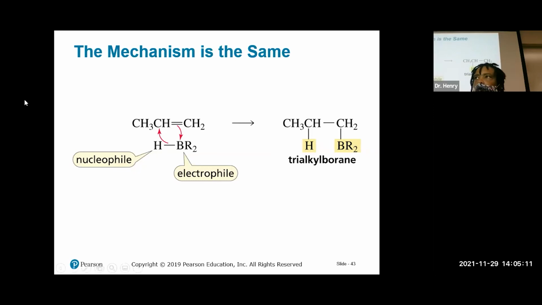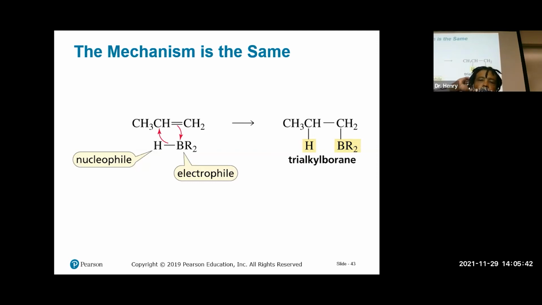Again, the double bond is going to be acting on the boron. The hydride has that negative charge associated with it. That's the distinction from hydrogen bromide: it's the same mechanism, but the target is slightly different.